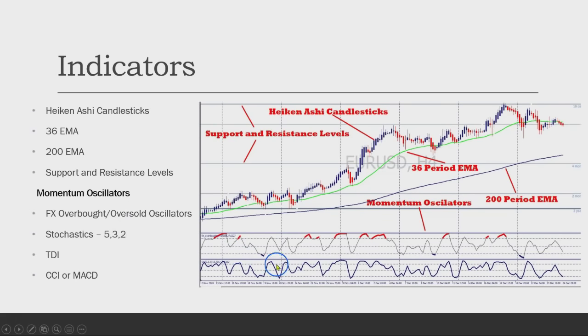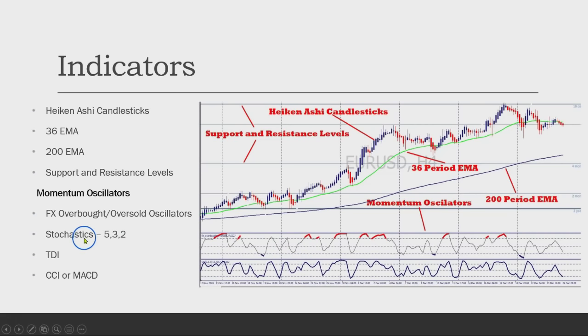Sometimes I use my FX overbought, oversold oscillator, which we know that oscillators really don't tell you overbought, oversold levels, because price can be in an overbought level and continue to go up. What they really measure is momentum in the market. It shows divergence as well as momentum in the market.